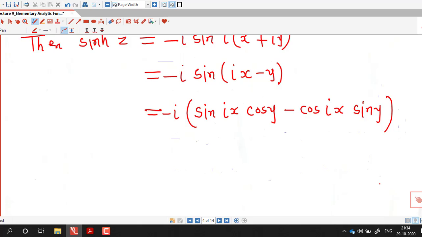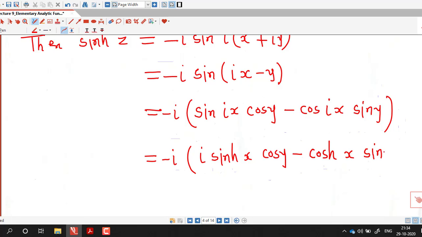But we require our answer in terms of hyperbolic functions, and we know that sin ix can be written as i sin hyperbolic x. Cos y we keep as it is, and cos ix is nothing but cos hyperbolic x, sin y.